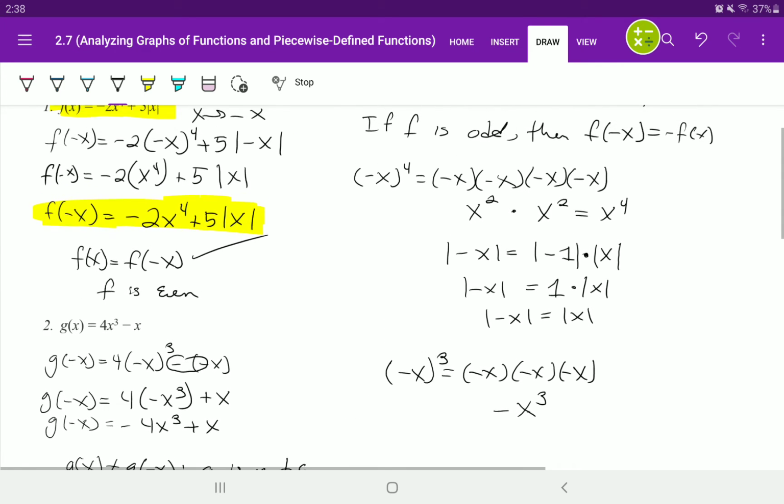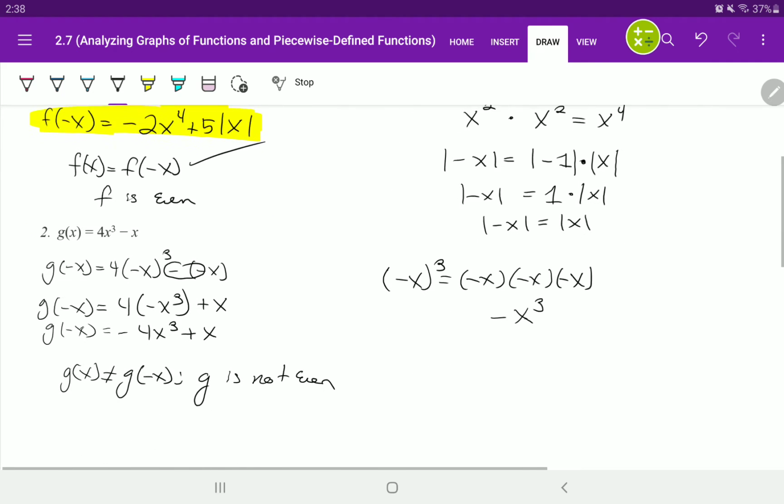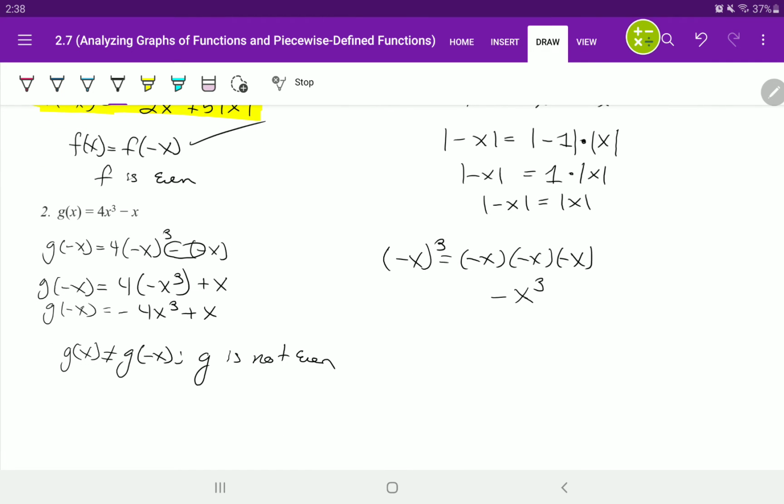Now, to determine if the function is odd, we're saying that f of negative x must equal negative f of x. So in this case, to see if the function is odd, g of negative x has to equal negative g of x, which means we must multiply g of x by negative 1.